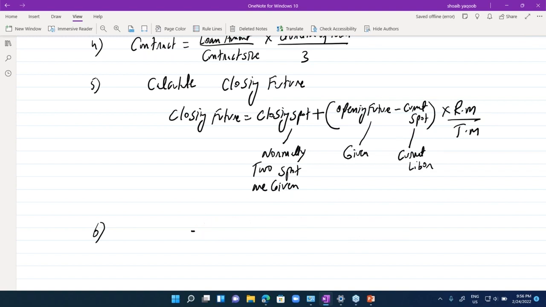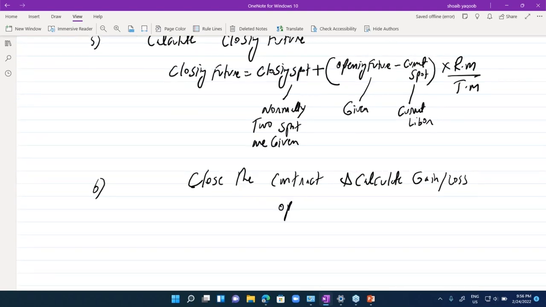Close the contract and calculate gain loss: opening future, closing future, gain loss.